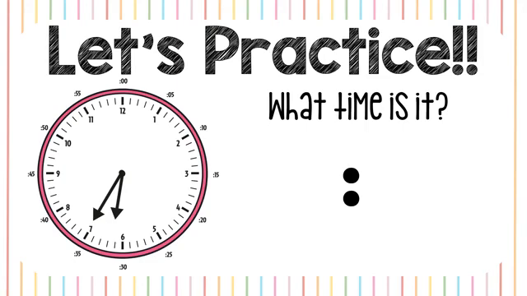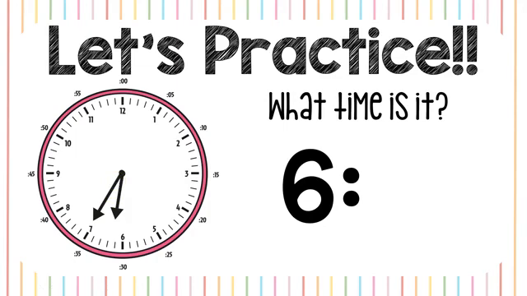Let's practice. What time is it? Remember, first, we're going to look at our hour hand. I see that the hour hand, which is the shorter hand, is in between the 6 and the 7. I know that when the hour hand is in between two numbers, I'm always going to look at the number that is behind. So I know that the hour is 6 o'clock. Next, I'm going to look at the minute hand, which is the longer hand.